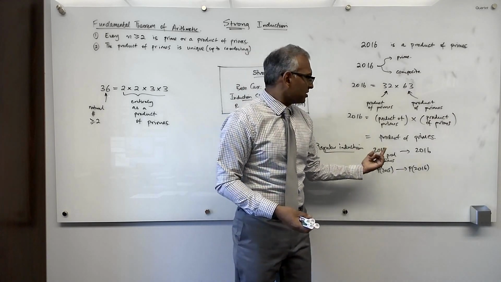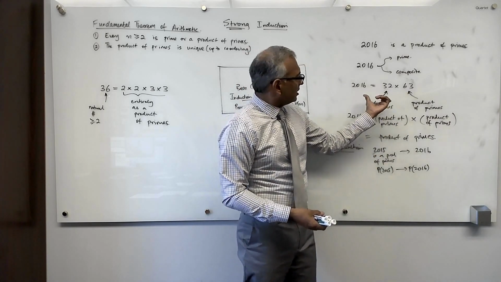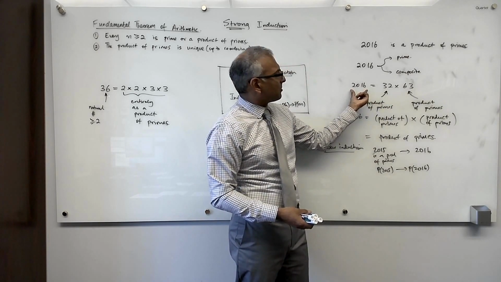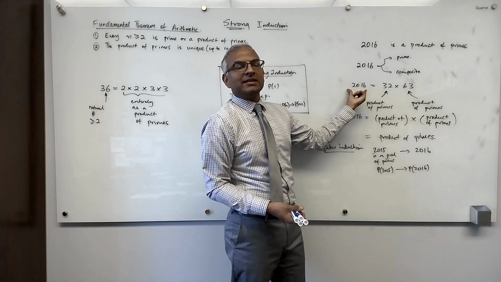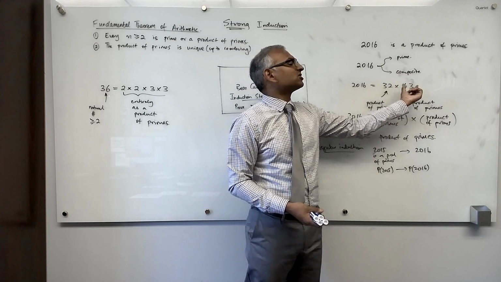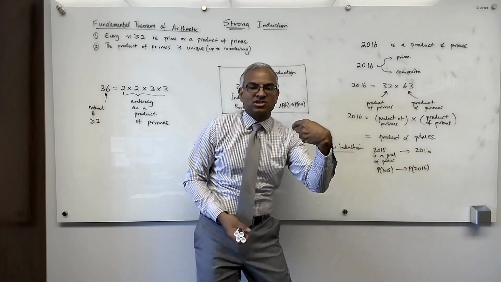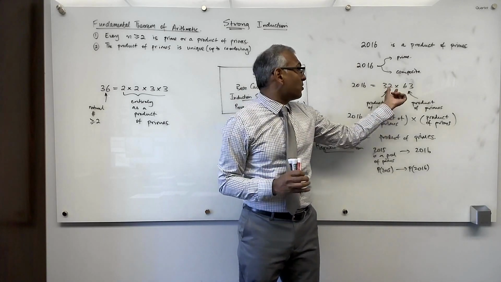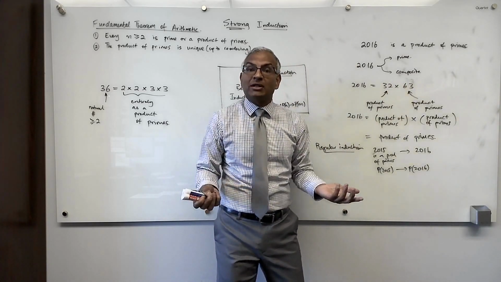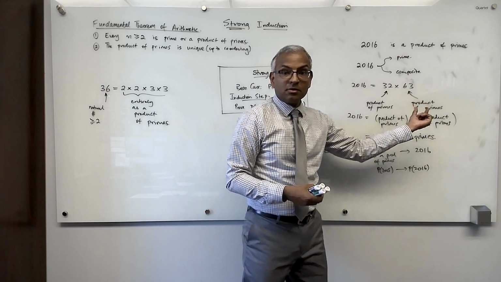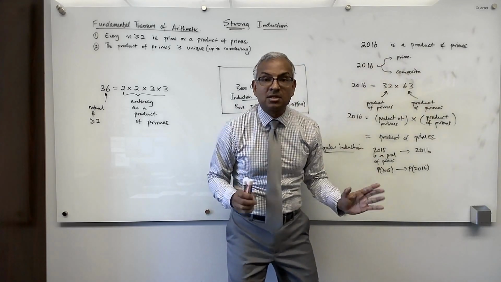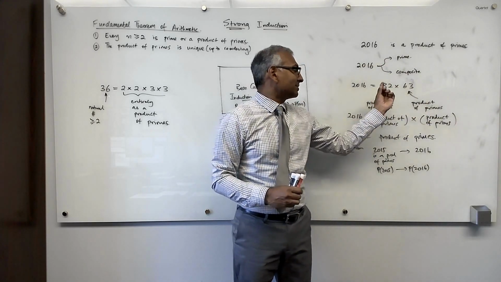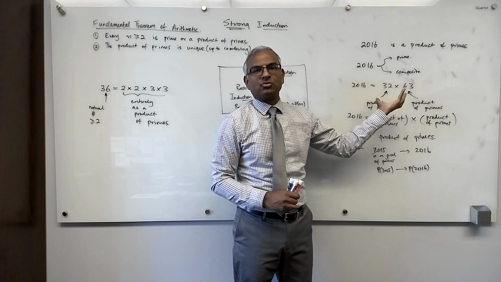Because in proving 2016 is a product of primes, all I need is that it's a product of some smaller numbers. And the strong induction hypothesis tells me that no matter what those smaller numbers are, and you don't even need to tell me what they are, I know that any smaller numbers are products of primes. And that's what tells us that strong induction is the right approach to use here.